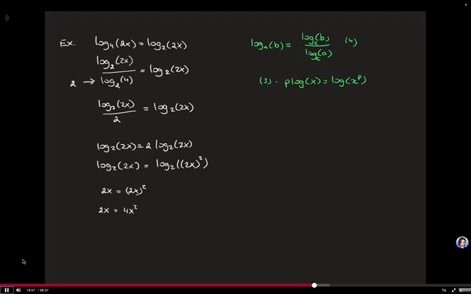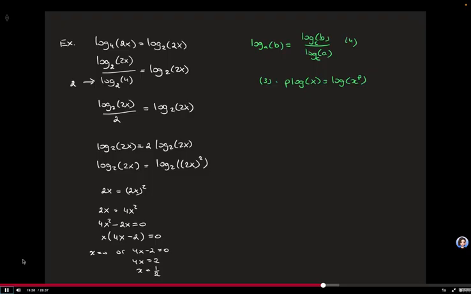In order to solve this, we get 2x to the other side, so 4x squared minus 2x is equal to 0. We can factorize out an x, so we get x times (4x minus 2) equals 0. Therefore x equals 0, or 4x minus 2 equals 0, 4x equals 2, so x equals a half.